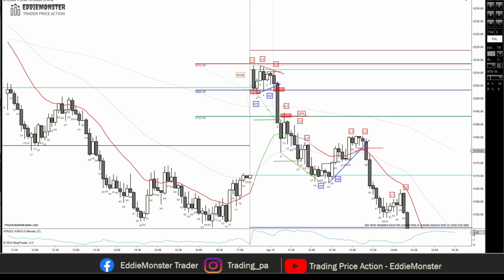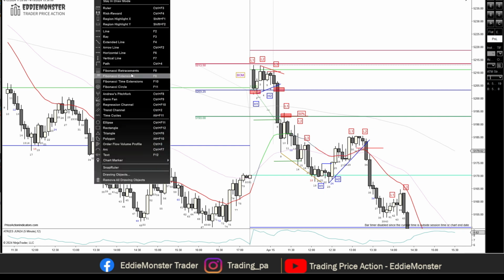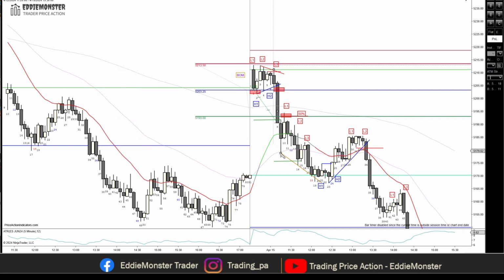But this one you have the probability of the second leg down. So you can do this, right? I'm looking for the second leg down. This will be here.